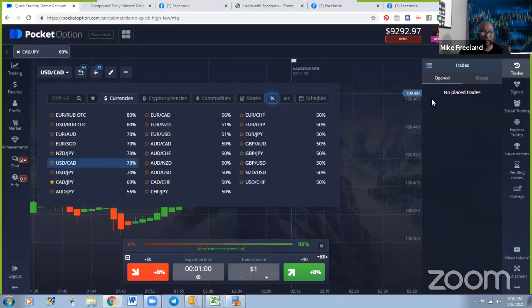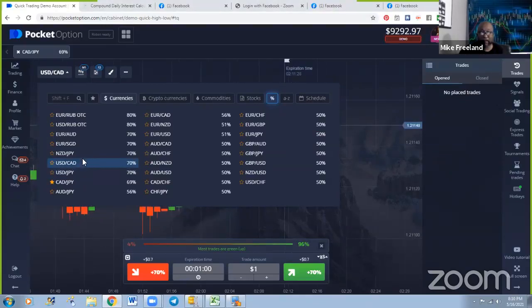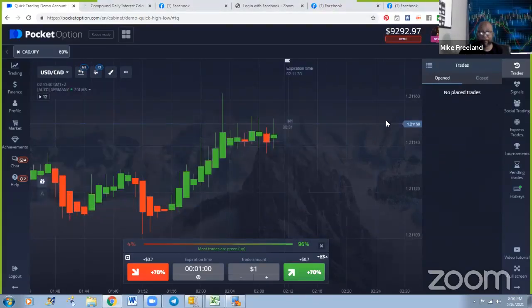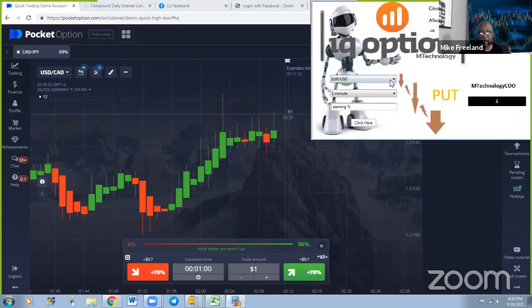That's 70%. There we go. USD CAD, remember, 1 minute, it's at 70%, as you can see here. Look, I'm getting ready to point at the screen. So you just want to make sure it's at that 70%.